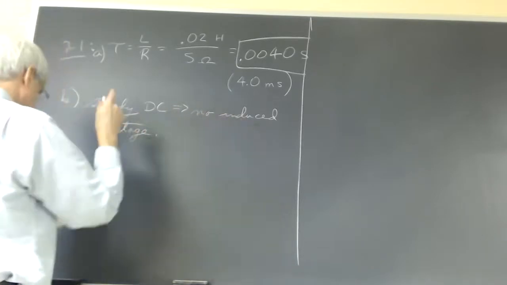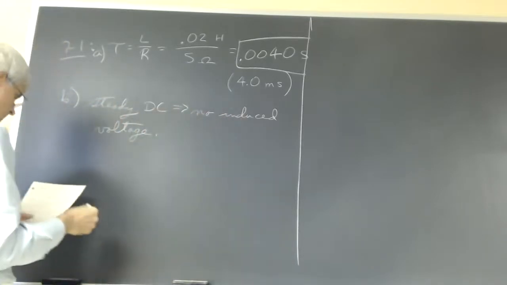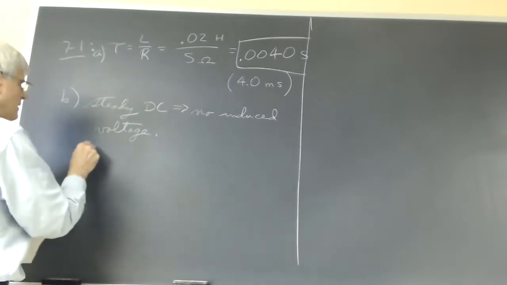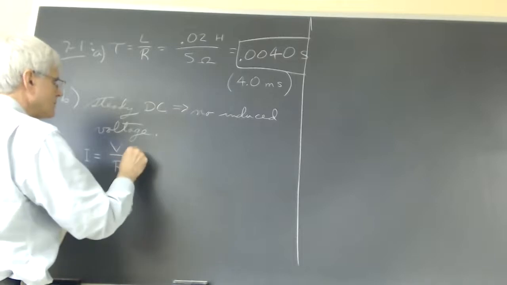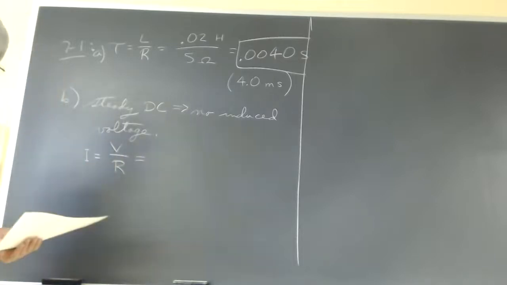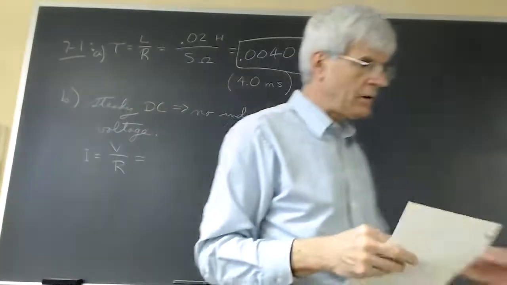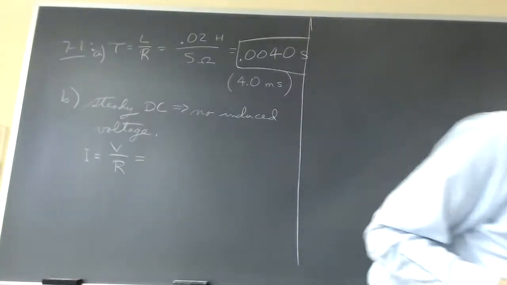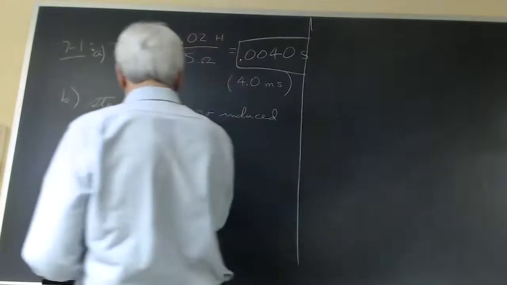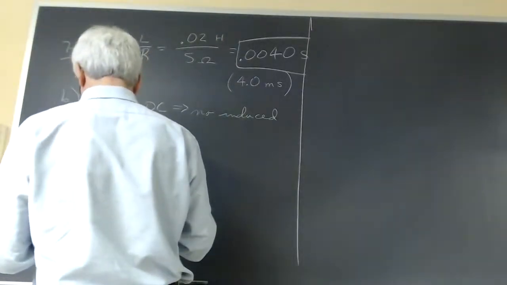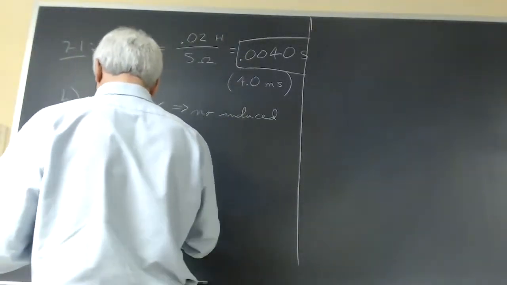No induced voltage, therefore it's just I equals V over R, or E for EMF over R, if you like that notation better. And we've got 12 volts. Oh, wait a minute, I'm looking at the wrong question.